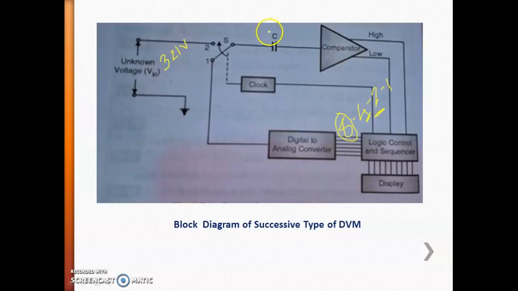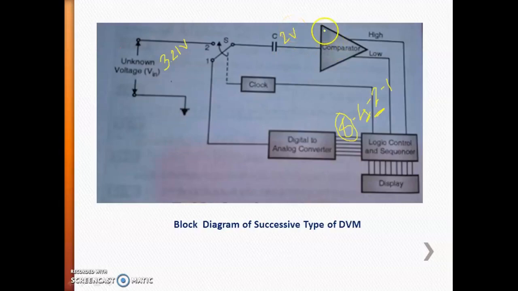First, the voltage across the capacitor is 2 volt and the input voltage is 3.21 volt. Now here the condition has changed. In this case, the unknown input voltage, that is 3.21 volt, is greater than the voltage across the capacitor, that is 2 volt.